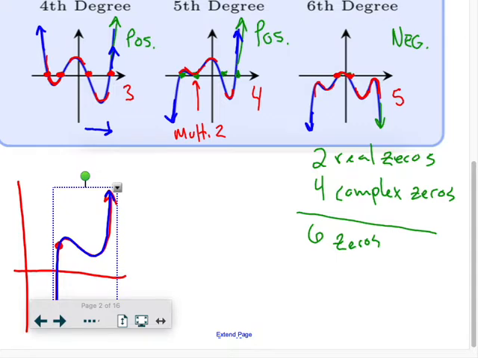Now, what happens if I shift this graph down? What changed? Do I have complex zeros? Alexander, you're saying no. I still have my 1 real zero right here. And what's going on with this zero right here? Multiplicity, right? So you count that as 2. So there's 3 real zeros here, right? So some of the questions you have today will kind of force you to think about that.